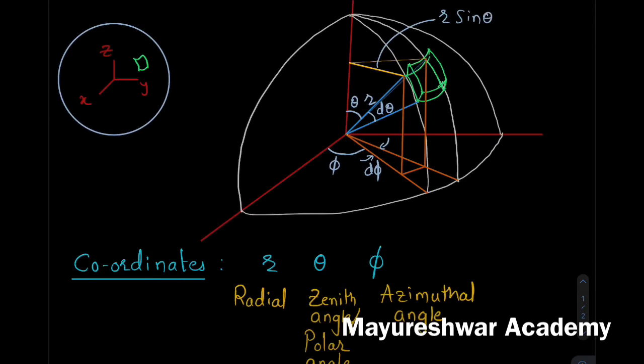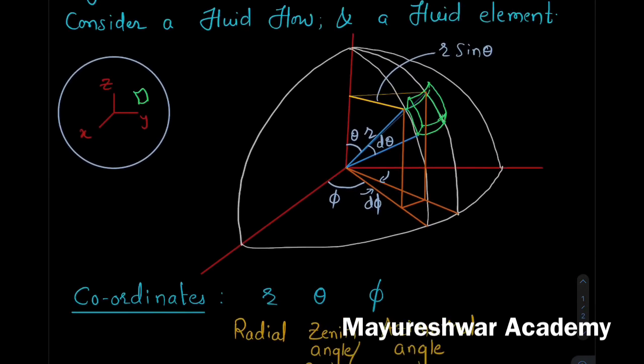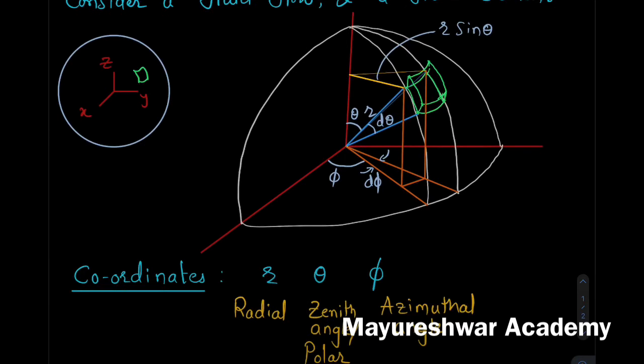This length will be r sine theta. So that is our fluid element. It consists of the radial direction, theta direction and phi direction, and this angle will be d phi. Again, it is the same projection on the xy plane.